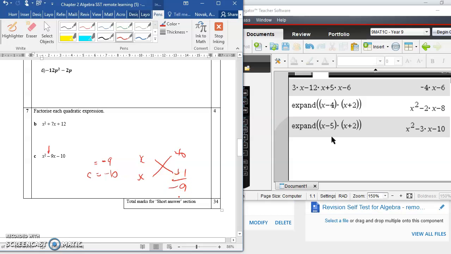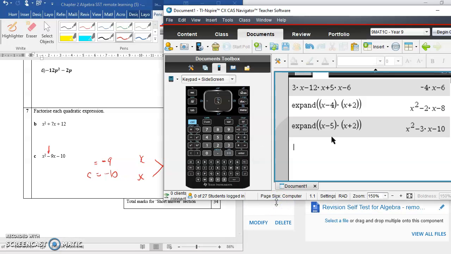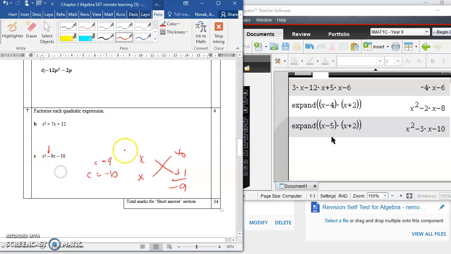So it's actually minus 10 times plus 1 gives us minus 10, the factors of minus 10, and they add up to minus 9. So that's going to be x minus 10 and x plus 1.